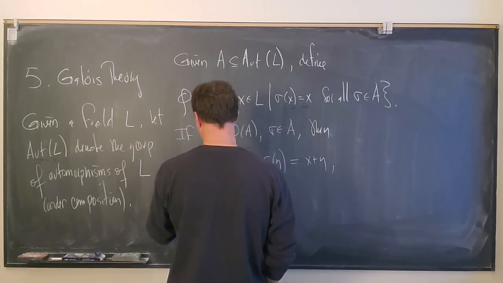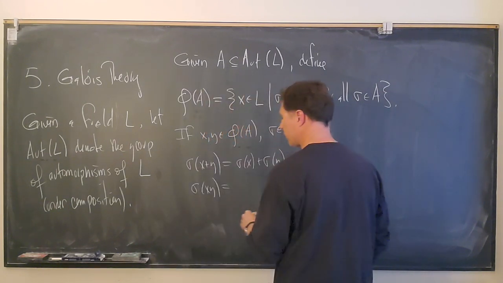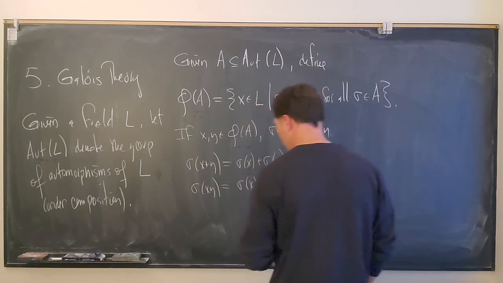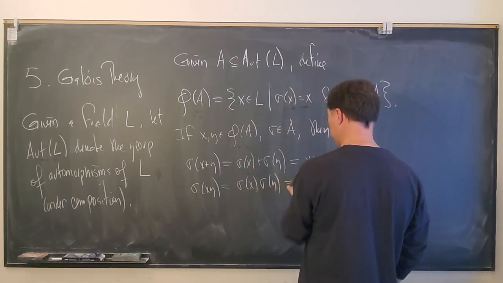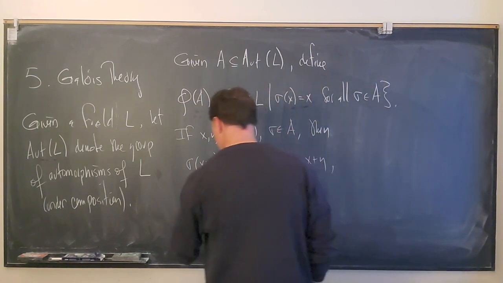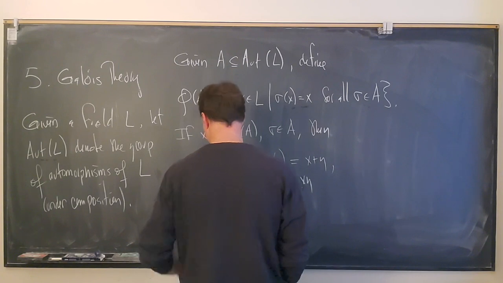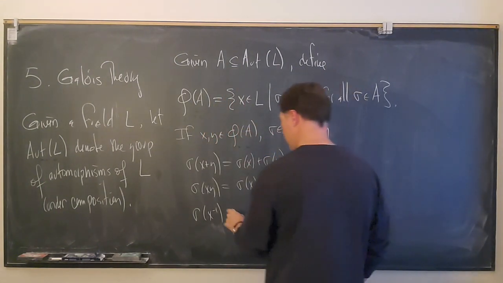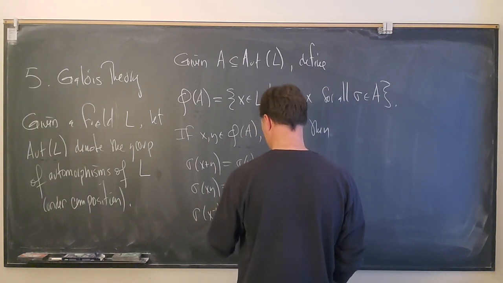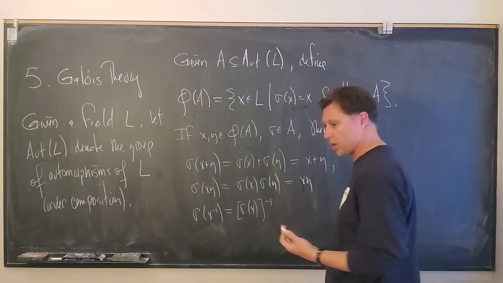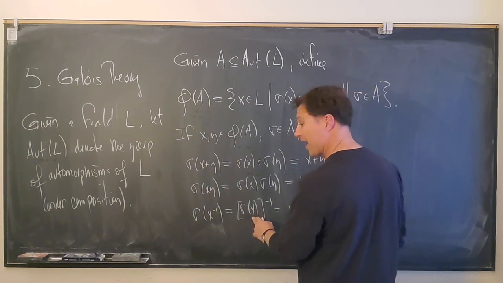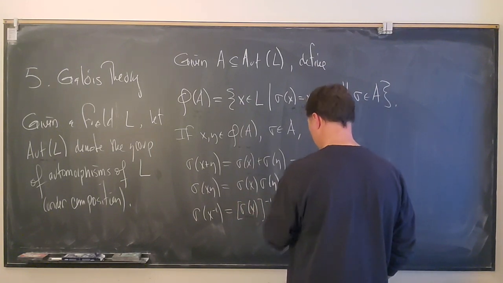Also, sigma of x times y, because we've got a homomorphism, is sigma of x times sigma of y, which is equal to x times y. Also, sigma of x inverse is equal to sigma of x, inverse, because we've got a homomorphism, and since sigma of x is equal to x, this gives us x inverse.